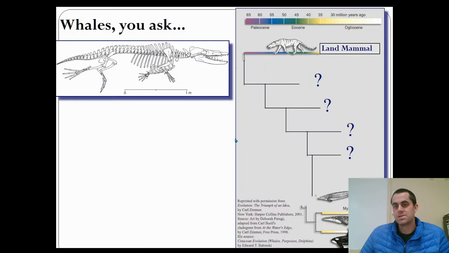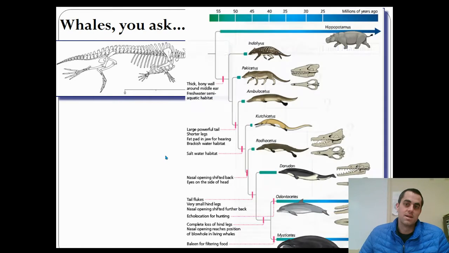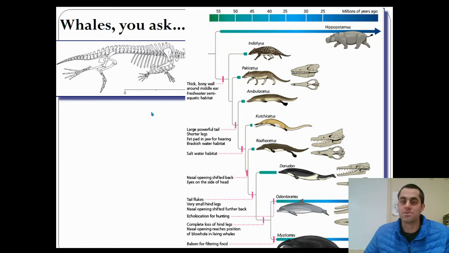And so the theory is, there was a land mammal. We don't know what it was. Some ancient creature, probably looked like this one, that ended up being more in the ocean, and there was more and more selection, as in there was an advantage in having certain traits, and then those traits continue to get passed on through reproduction.